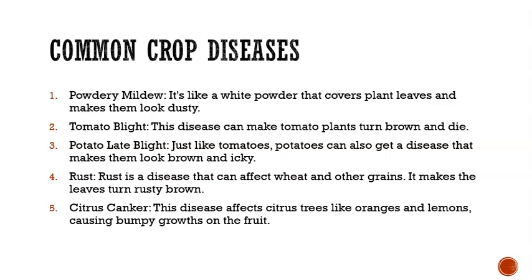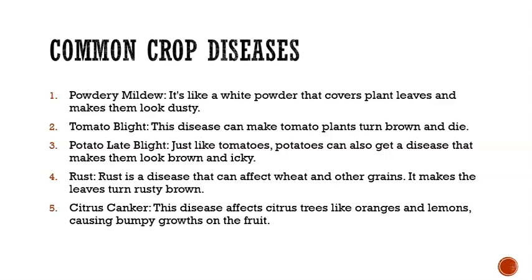Okay, so today's lesson on crop diseases, we understood it, right? We said plants get sick, right? And when plants get sick, it is called crop diseases. We looked at the causal agents of crop diseases.